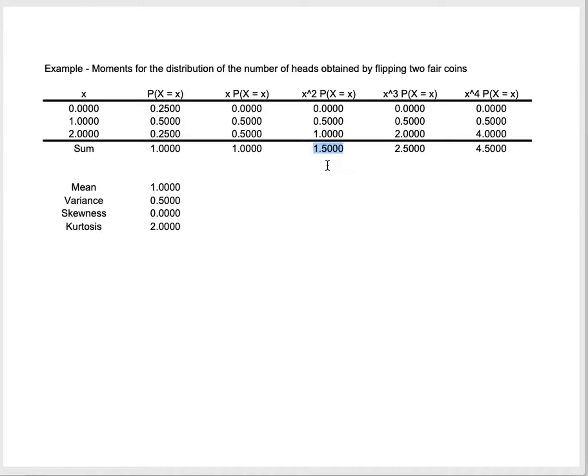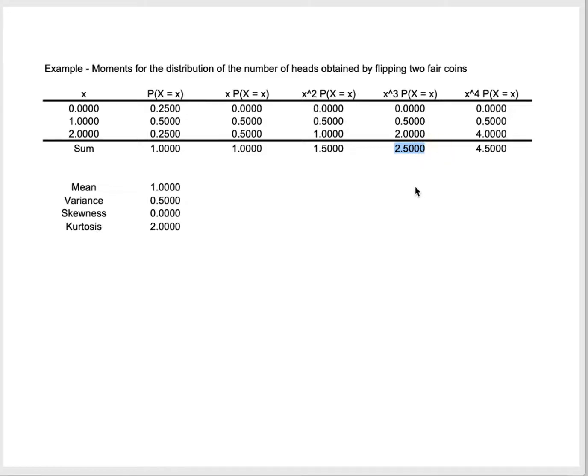We also call it the computational formula, or the shortcut formula. And so remember that if you take the expected value of x squared, and then from it subtract the square of the expected value of x, you get the variance. And so we have 1.5 minus the square of 1, which itself is just 1. So that difference would give us the variance, which is 1/2. And so that's what we have here.